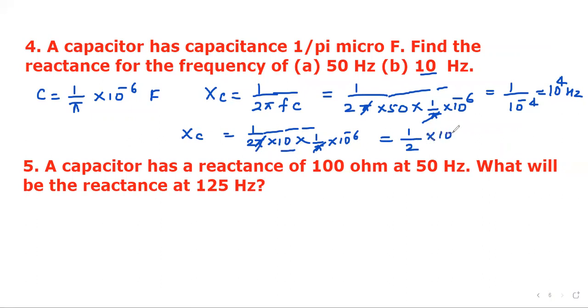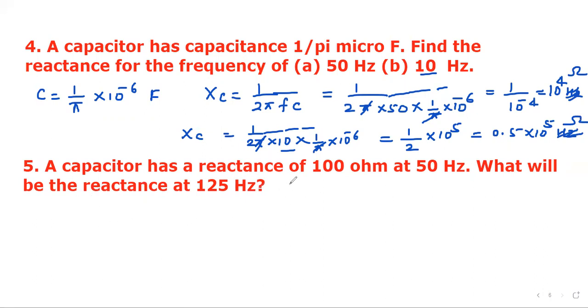So 10 power 5. So 0.5 into 10 to the power 5. Sorry, we are evaluating not frequency but capacitive reactance. So it will be in ohm. This will also be in ohm.